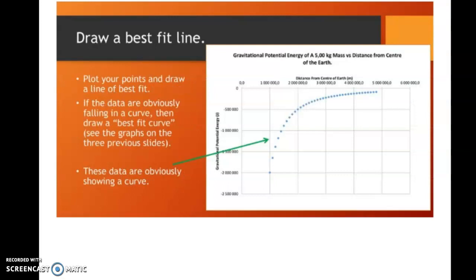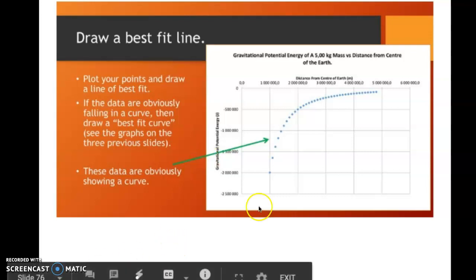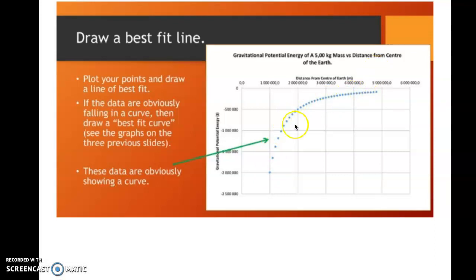Lines of best fit when it's obviously not a line. Lines of best fit do not have to be straight lines. As we mentioned before, most relationships are non-linear. So make sure that if you see a curve, you draw a smooth curve to represent that relationship, not a straight line through the middle. Don't force a straight line through it.